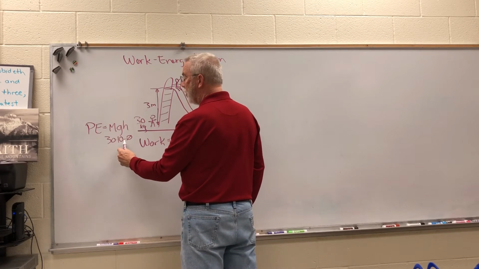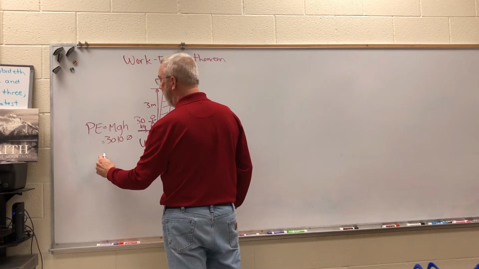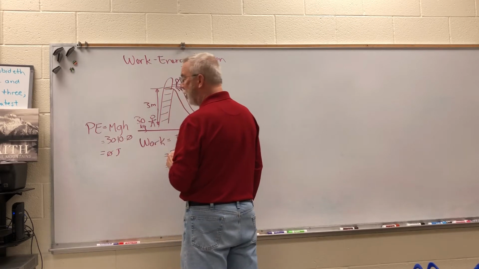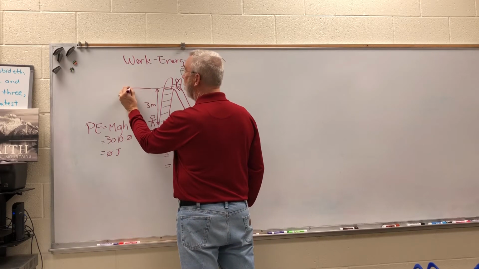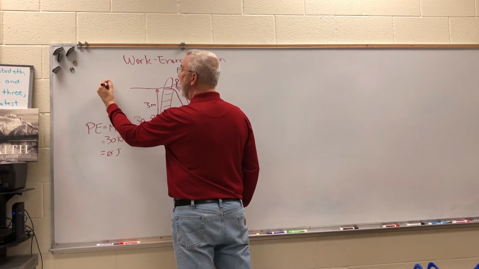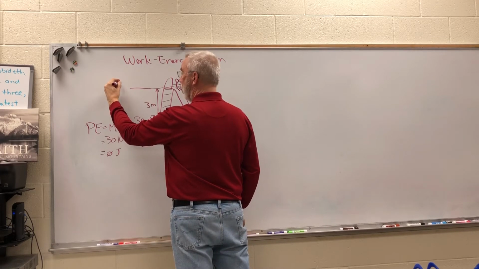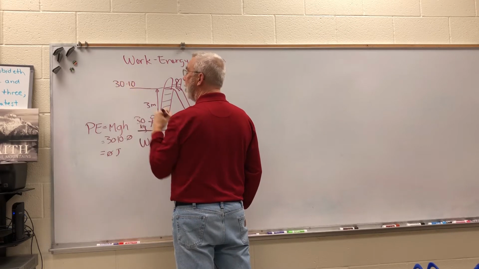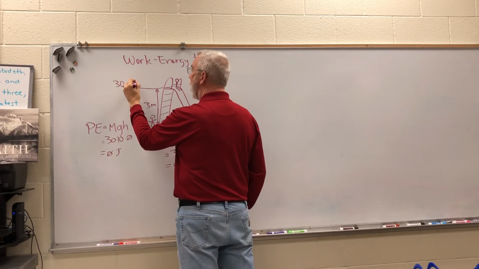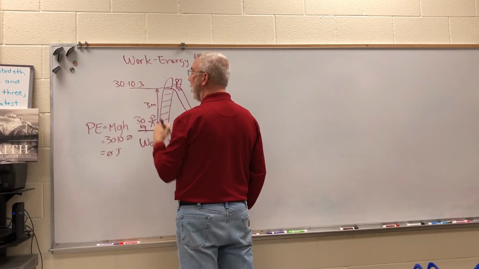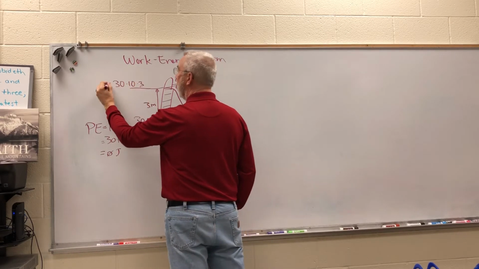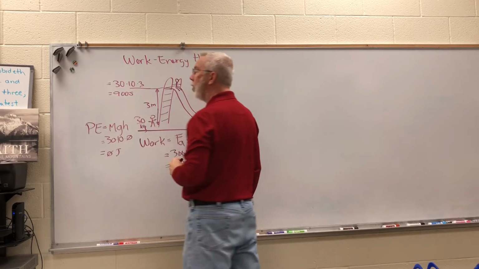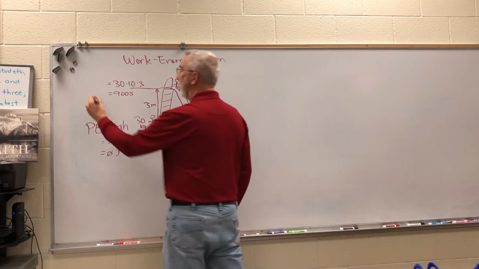So 30 times 10 times 0 is just going to be 0 joules of energy. But then up here, that same mgh is going to be 30 kilograms times 10 meters per second squared times 3 meters, or that would be equal to 900 joules of potential energy.